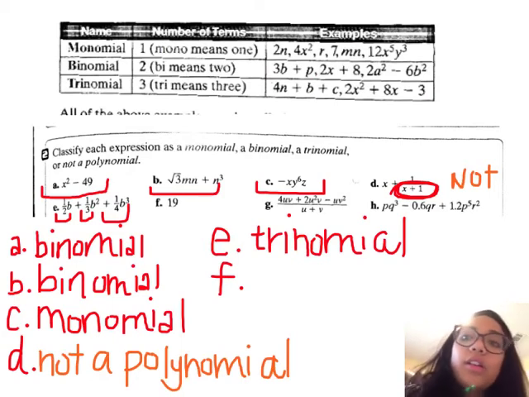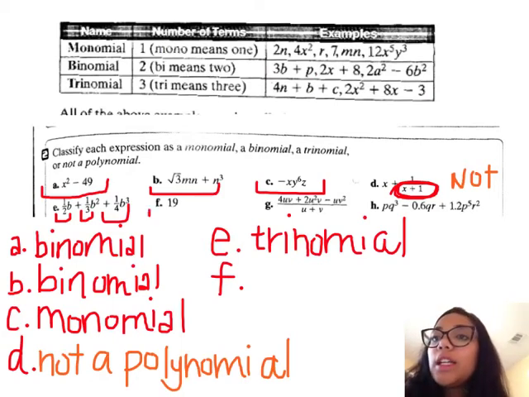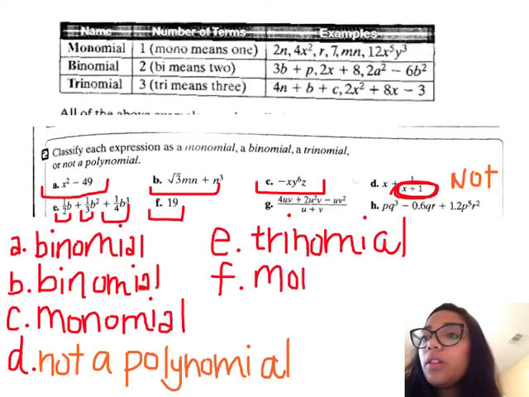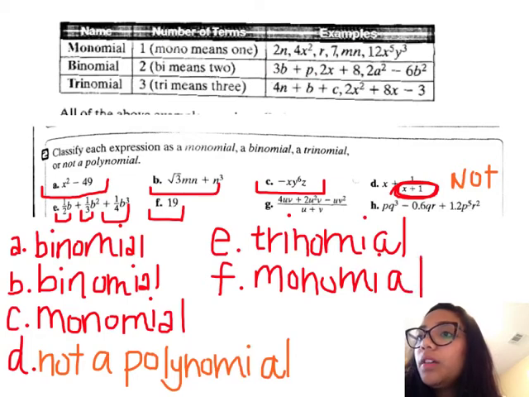F, 19, that's a monomial. That's a polynomial. G, being divided by variables, so not a polynomial.